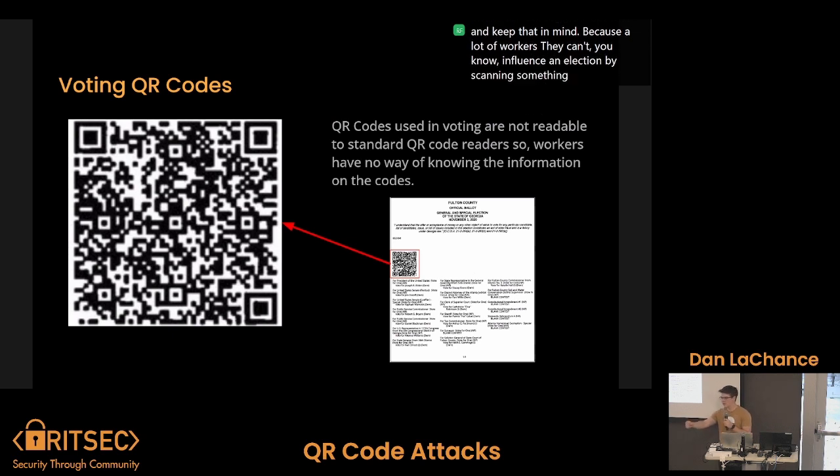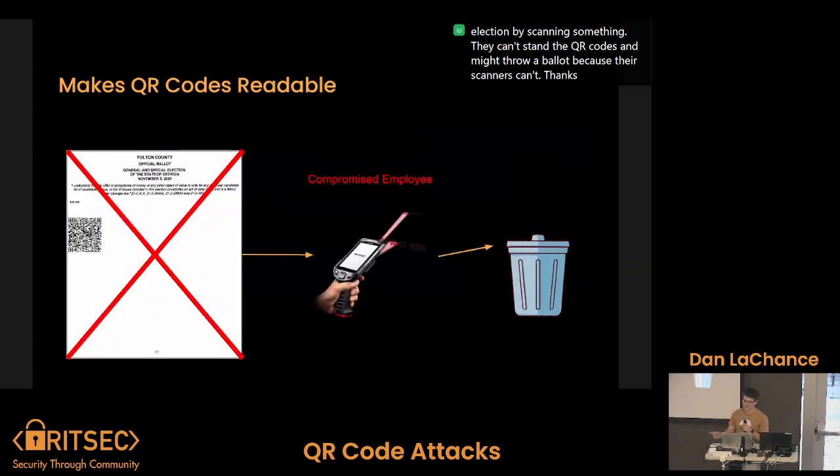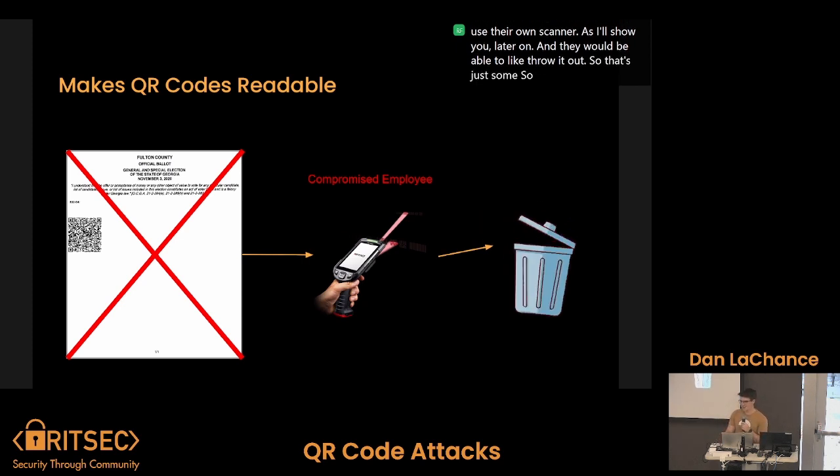They can't scan the QR codes and throw out a ballot because their scanners can't find stuff. But if they were to store some secret data in there that they can scan, then they would be able to use their own scanner, as I'll show you later on, and they would be able to throw it out. So that's a thing that I hope is not happening.